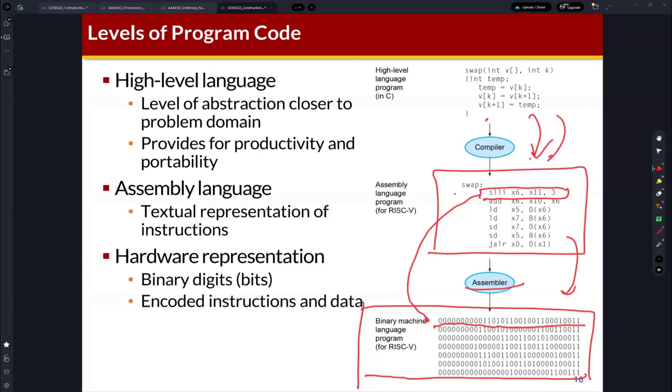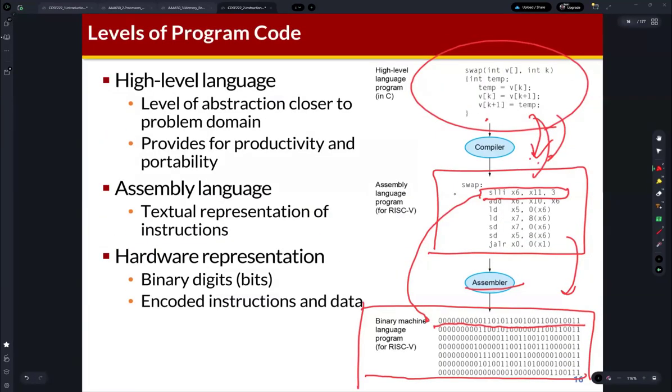But this is not one-to-one: the compiler generates the assembly instructions from the high-level language code. That's how the high-level language code is compiled and the machine instructions are generated.